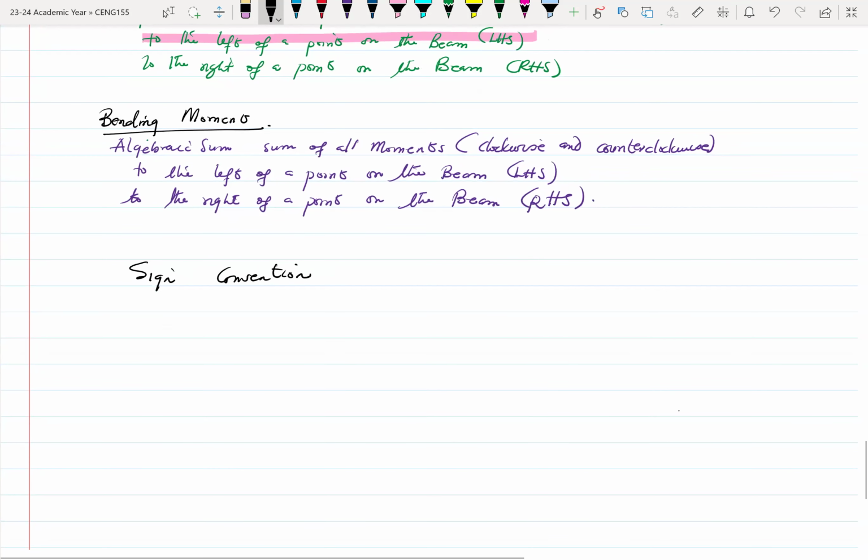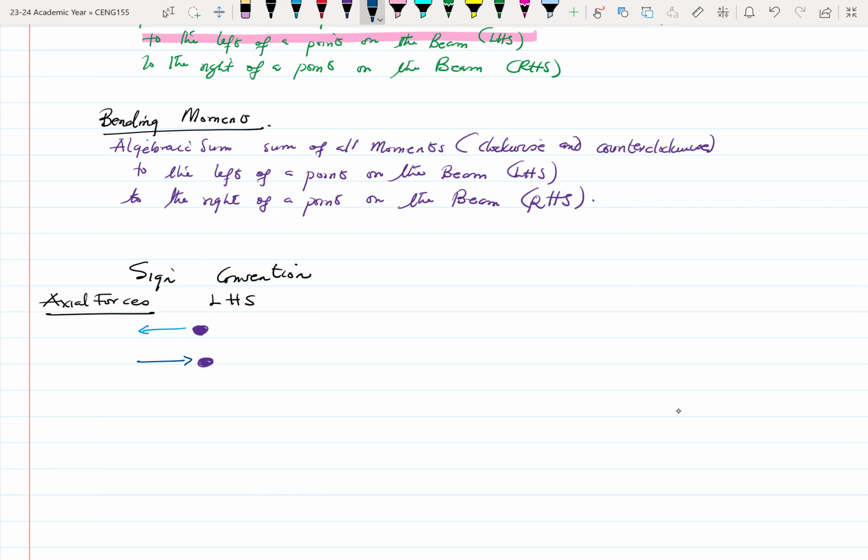So let's say this is my point, the point I've been talking about, a point on a beam. If you're looking at axial forces, with the left-hand side it means that on the left of the point you have the forces on the beam going towards the left, or for that same point, you can have the forces going towards the right.